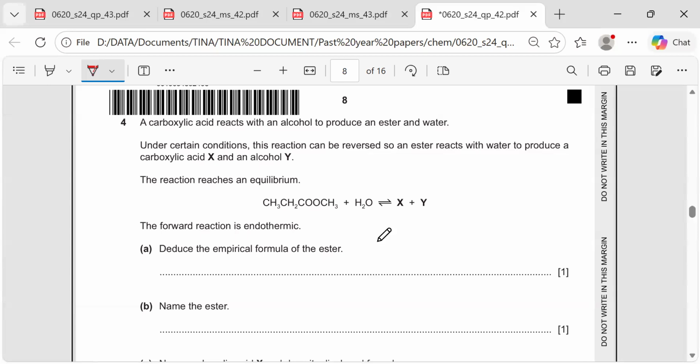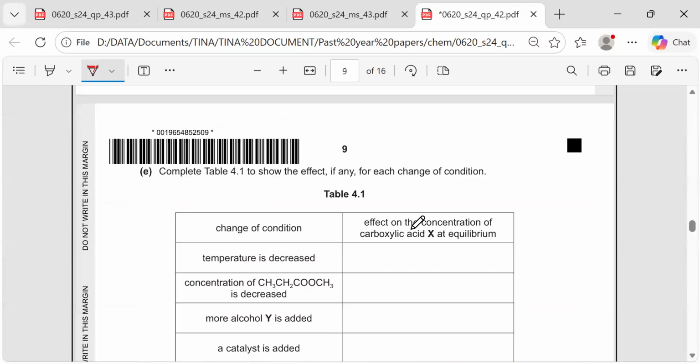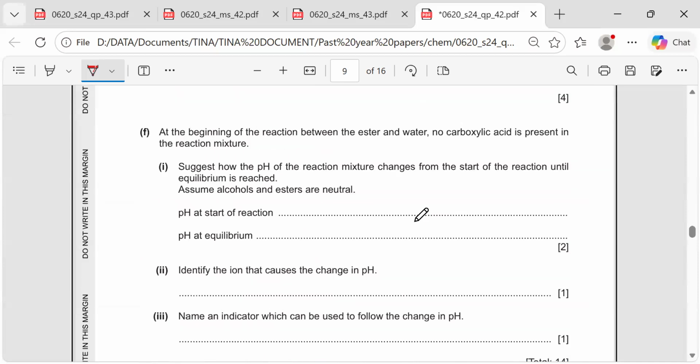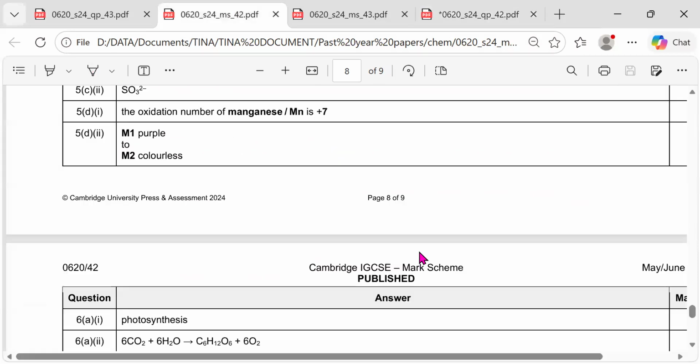The start was neutral, right? pH 7, right? And then I just wrote 7. This one I wrote lower than 7. The answer is 5, right? What is the answer?